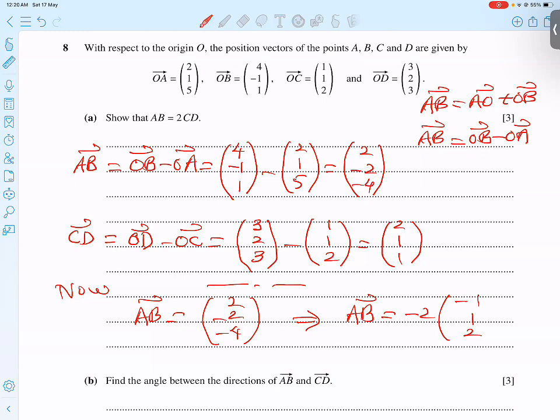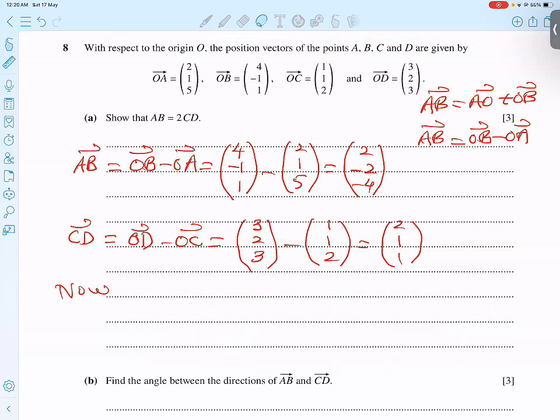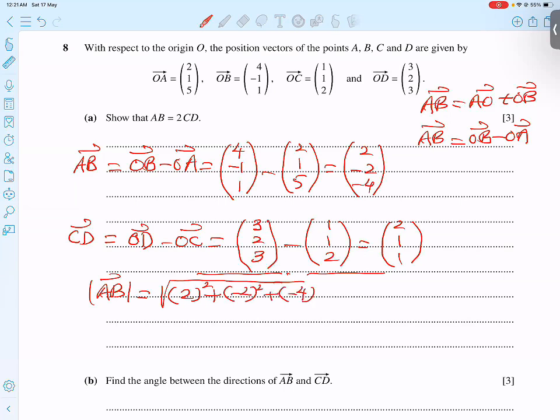The problem is the magnitude, because here there is no vector arrow on the top. So it means we will try what, students? We will try the simple magnitude of both. If we put arrows on top, you can go for vectors. But here they are not vectors, so we go for the magnitude of both. So AB magnitude or modulus means this: 2 square, negative 2 square, and negative 4 square.